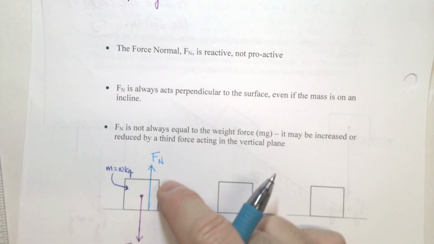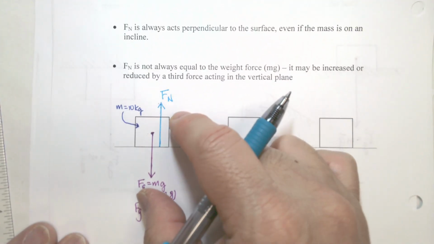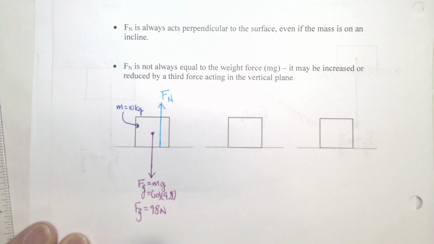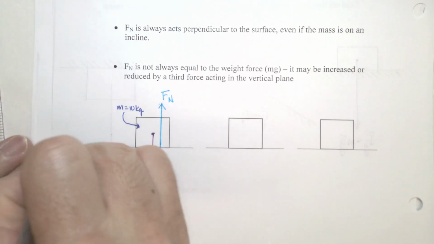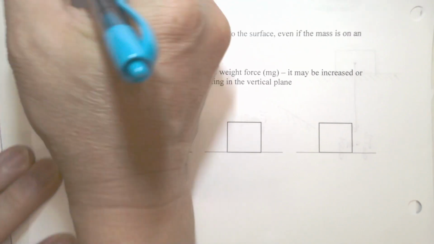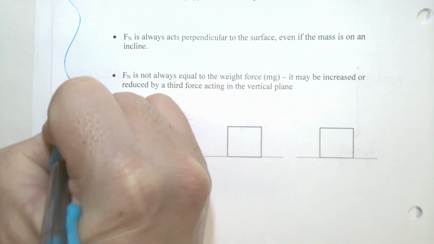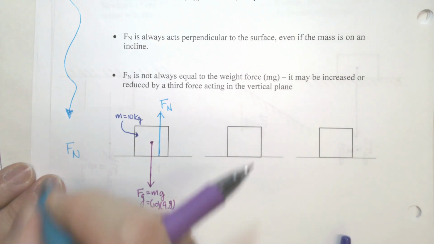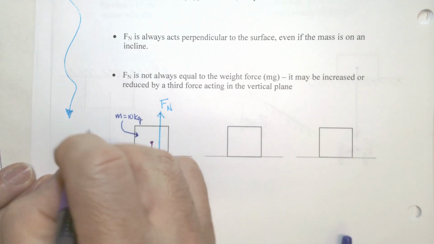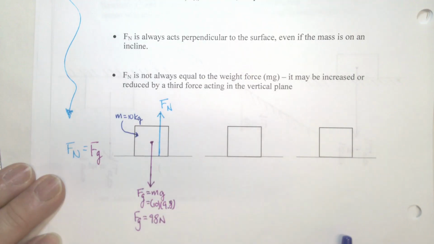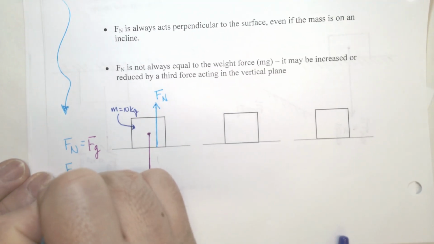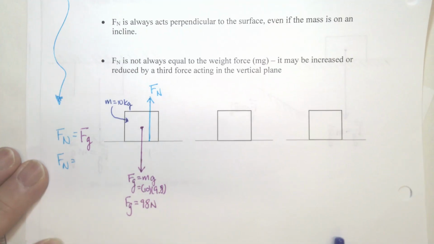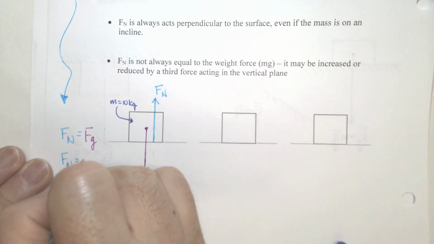So when I only have these two forces acting on this object vertically, my F normal is simply mg, which happens to be 98 newtons.